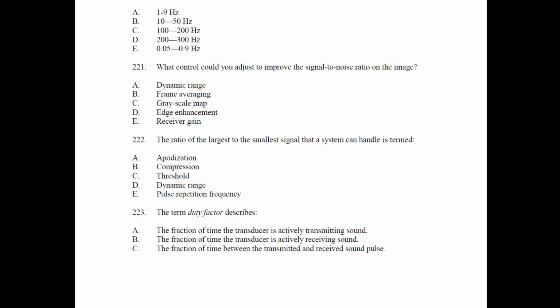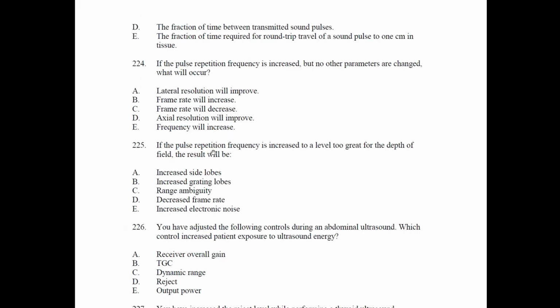If we look for the correct answer related to this, we can choose option A. You can think of it as a term that refers to the state when the transmitted sound is actually active. The term that describes the actual transmission of sound waves is the duty factor, also known as the pulse factor.